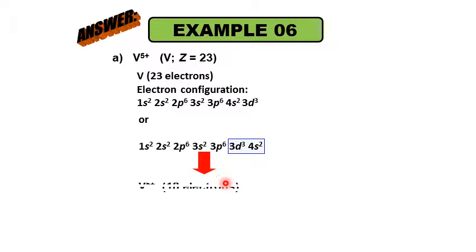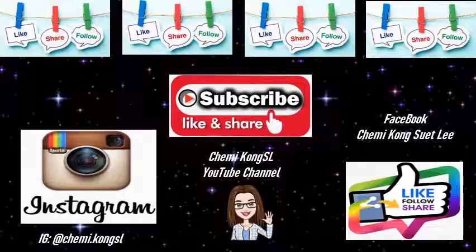And then we get the electronic configuration for vanadium 5 positive: 1s2, 2s2, 2p6, 3s2, 3p6. Always remember, when you write down the electronic configuration for an ion, you must start with the atom first.